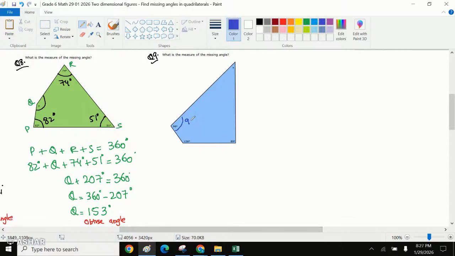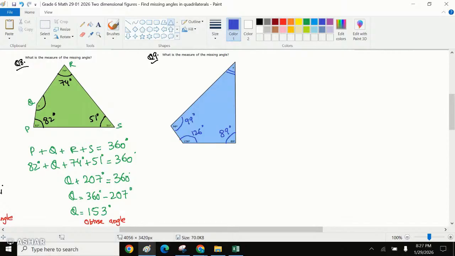If this angle was 99, this was 126, this was 89, and this was the missing angle. Please do question number 9.